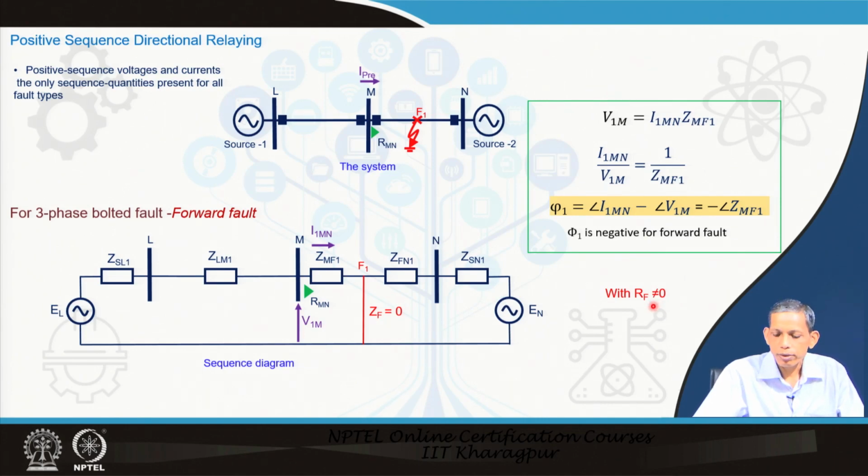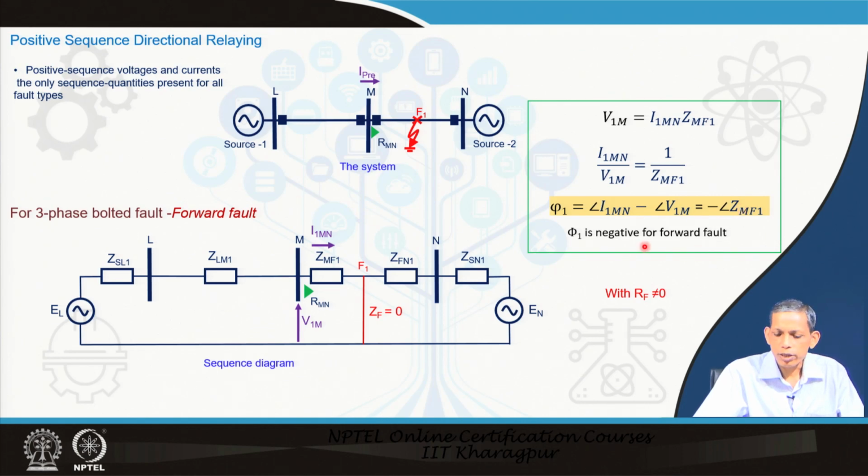Now, one point here: in practice RF may not be 0 for different faults, for line to ground faults it may be a higher value. So, in that case, if RF becomes higher, the fault path becomes more and more resistive with higher and higher RF. That means that the corresponding angle will go decreasing, but typically the impedance angle will be 80 degrees for an overhead transmission line, and maybe more also.